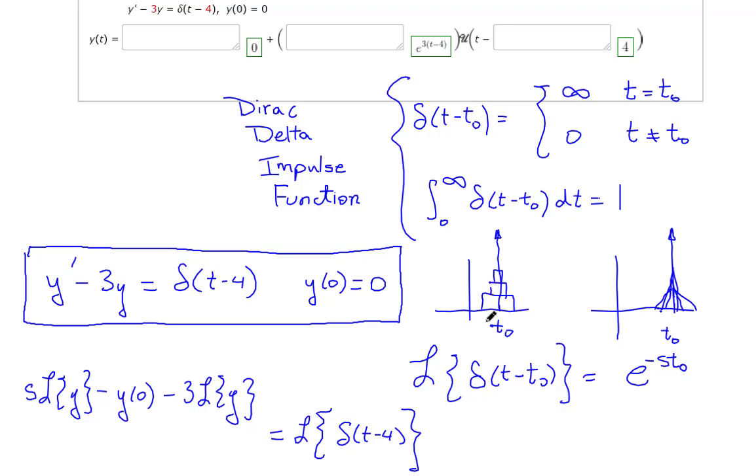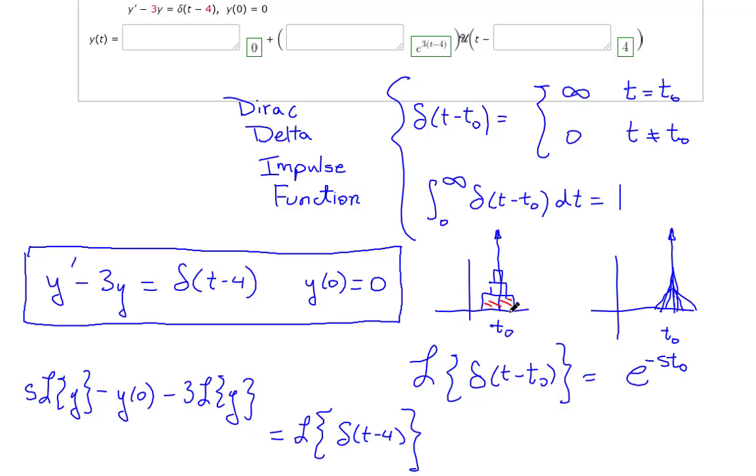The way you go about defining it, there are two ways. One is you can define it first as a little box right around t0, and with the box you maintain that the area under the curve is 1.